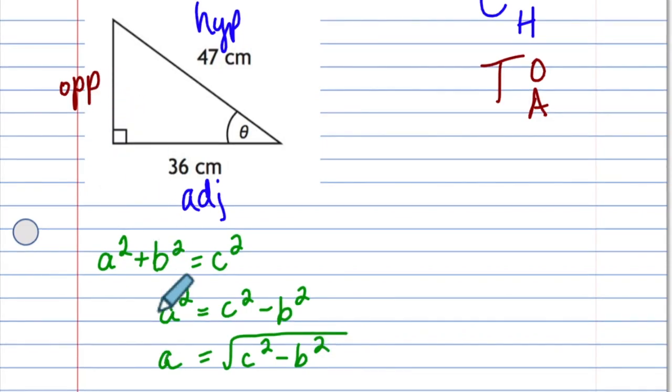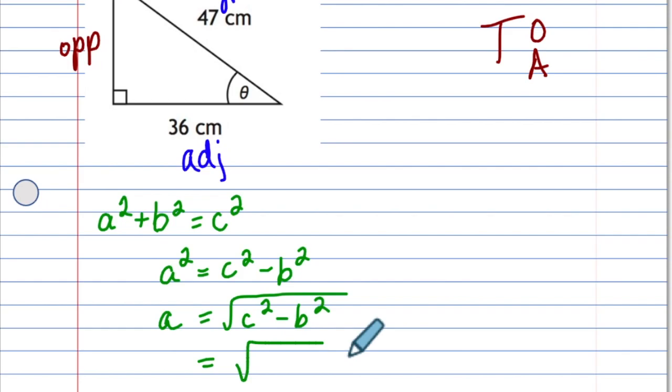The opposite side is the square root of the hypotenuse squared minus the adjacent side squared. The square root of 47 squared minus 36 squared should give us the value for the opposite side.